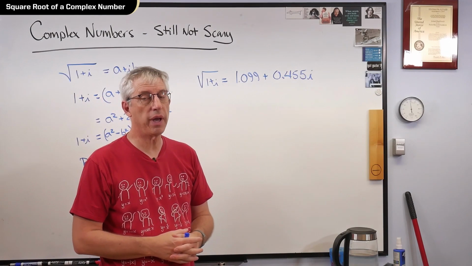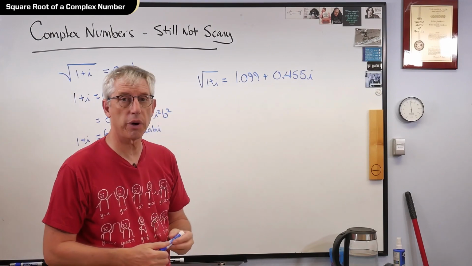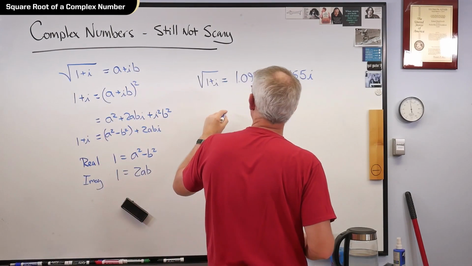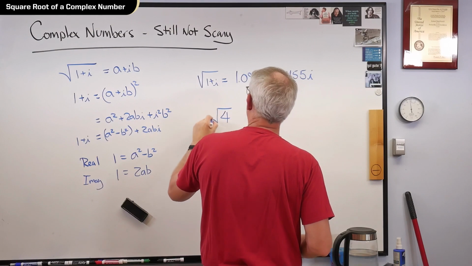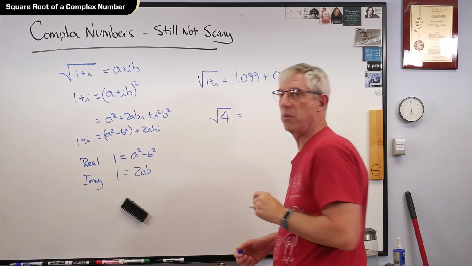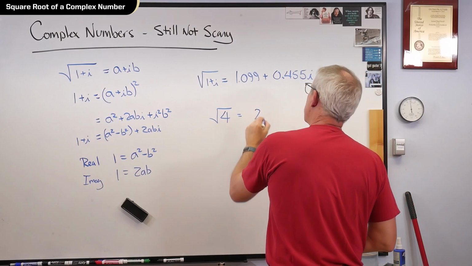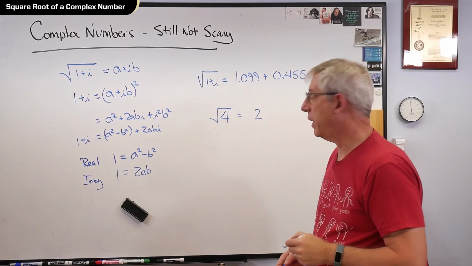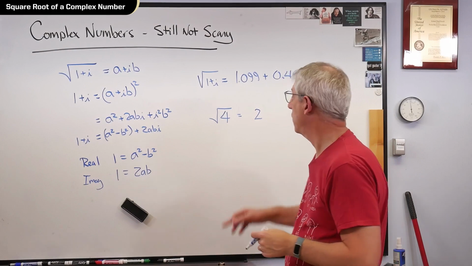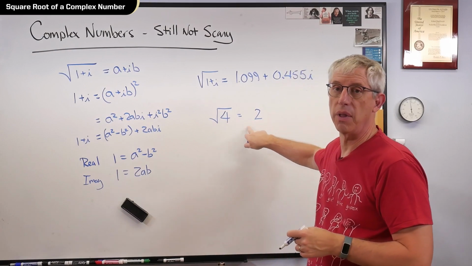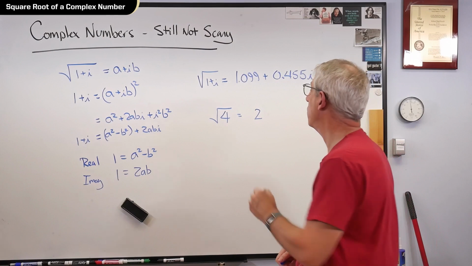And one more thing we have to realize here when we're dealing with square roots, if I type into MATLAB or MathCAD or whatever my favorite number crunching program is, if I type in square root of 4, it's going to give me 2. By tradition, by custom, we generally only spit out the positive square root.